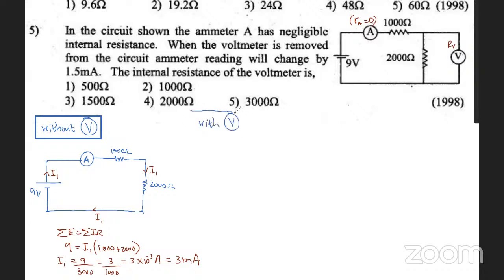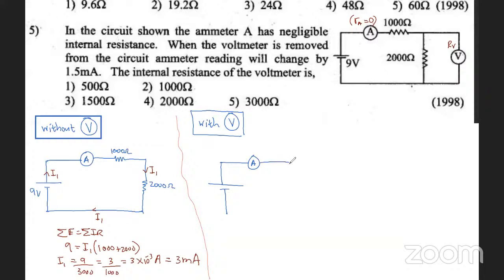Now with the voltmeter, what are they saying? When the voltmeter is removed from the circuit, the ammeter reading will change by 1.5 milliampere. When I put the voltmeter, will the reading of the ammeter increase or decrease, people? Tell me. You have to answer it carefully. We have the ammeter, it doesn't have any resistance, no problem there.